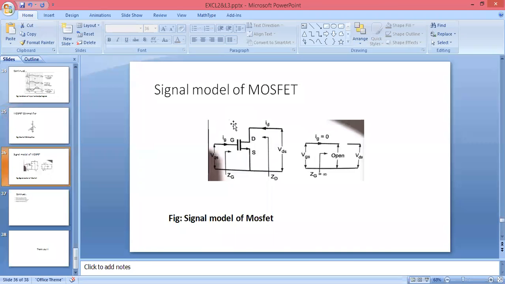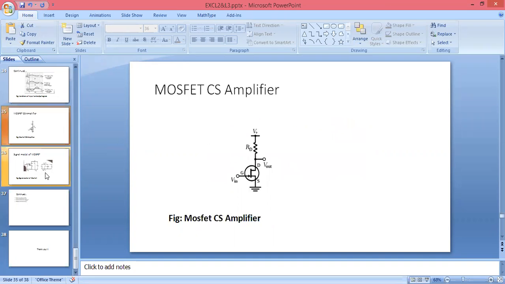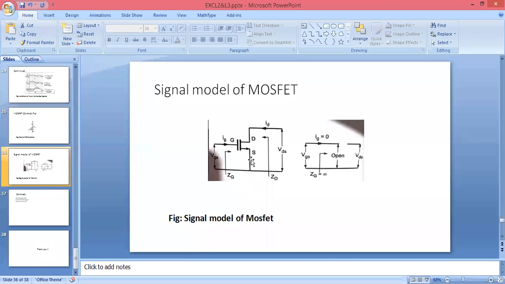This is the equivalent circuit for the signal model of MOSFET. ये सेम सर्किट है, but we are seeing this circuit diagram for the signal model of MOSFET. Here you can see we are giving VGS, and this is the current which will go through the gate.